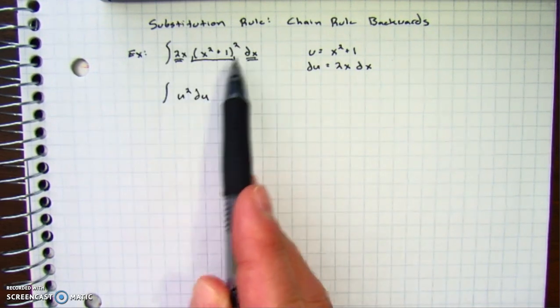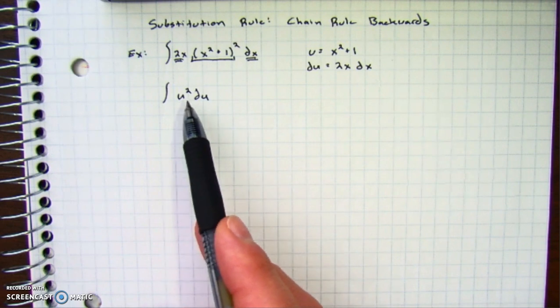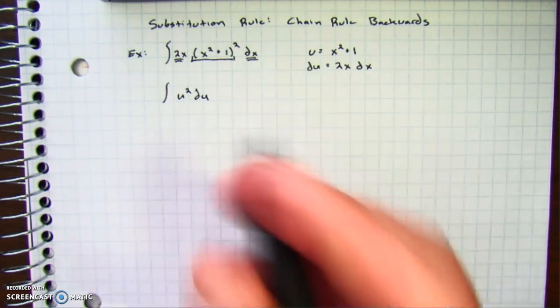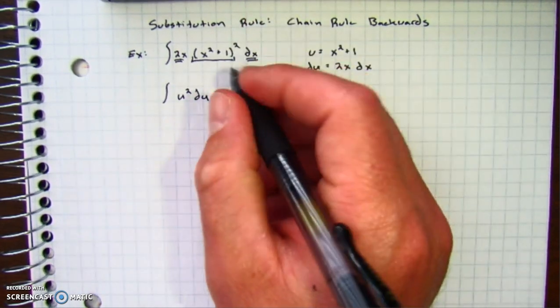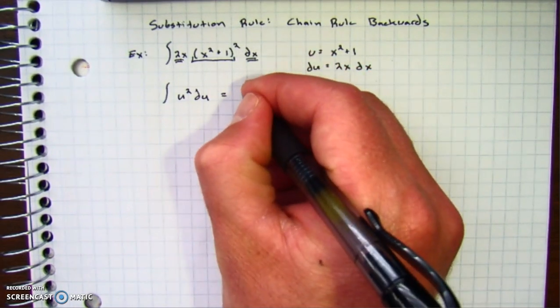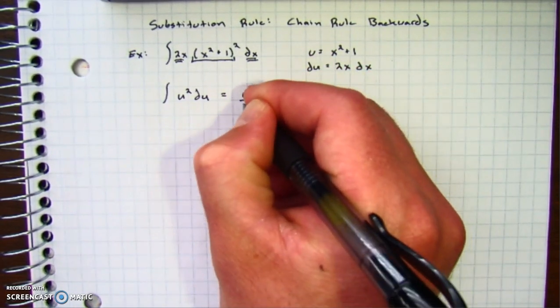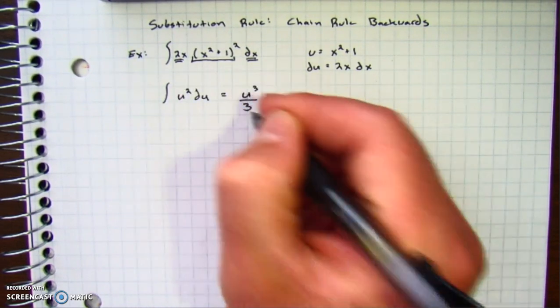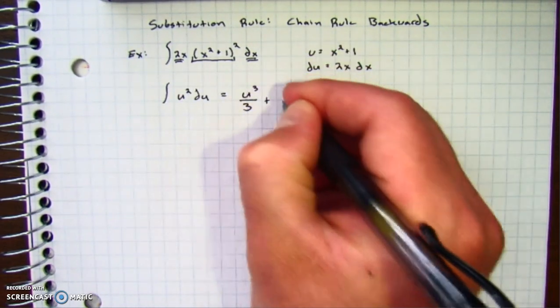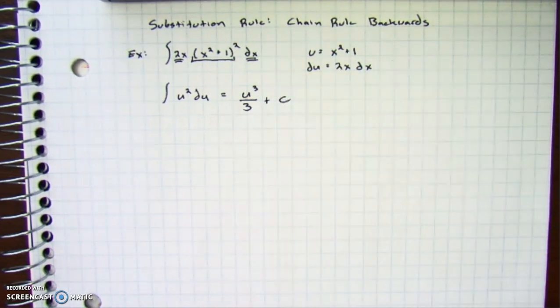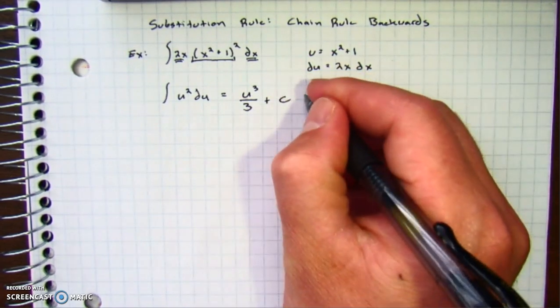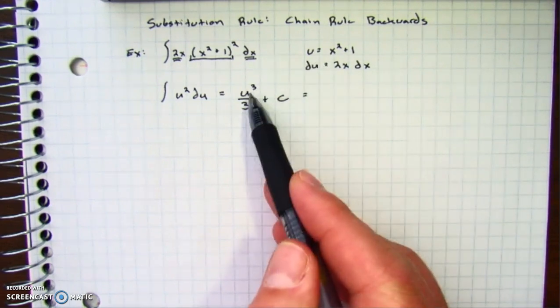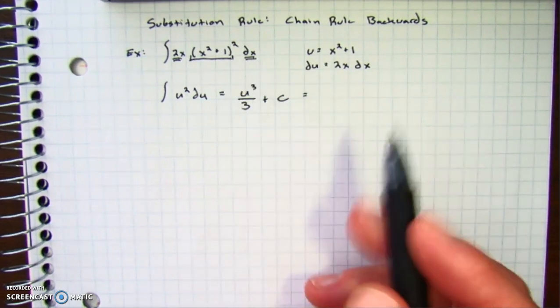You can't really do much with this, but we know what the integral of u squared is. So let's write that out. The integral of u squared is going to be u cubed over 3. Remember, you add 1 to the exponent, then divide by that new number, and then plus some constant c. Now the last step: we have to substitute back, because we're looking for the answer with respect to x.